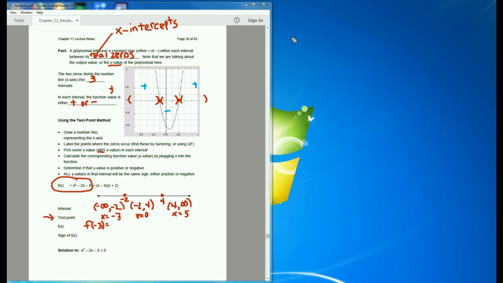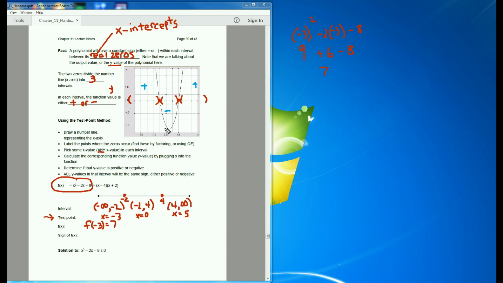So f of -3 would be -3 quantity squared minus 2 times -3 minus 8. So this is +9 minus a -6, so that turns into a +6, minus 8. So I've got 15 minus 8, so that's 7. So f of -3 is 7.